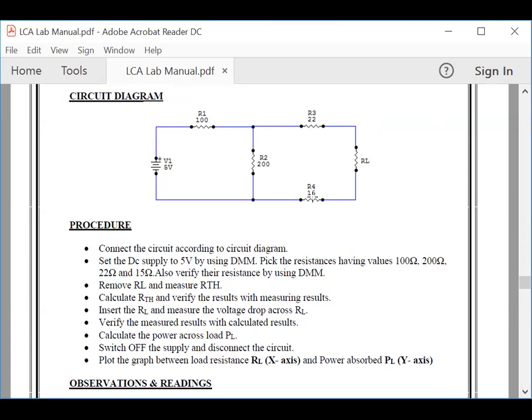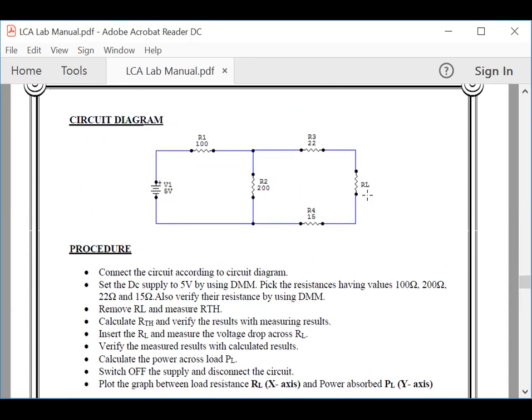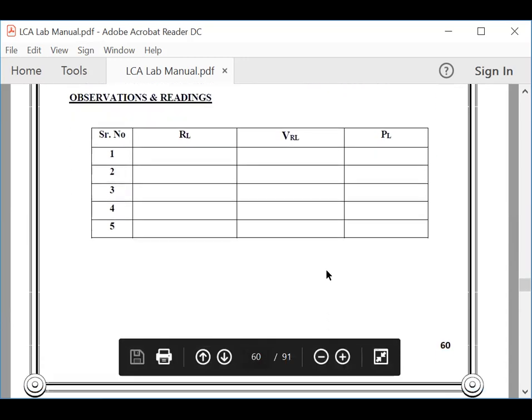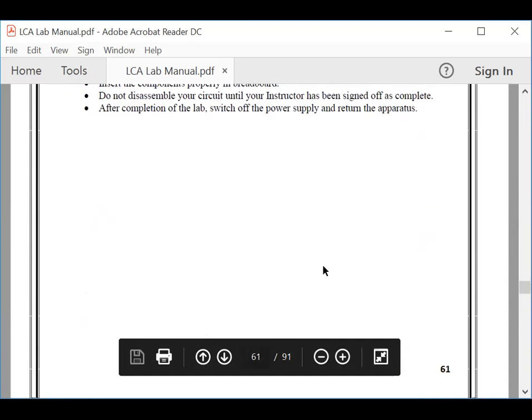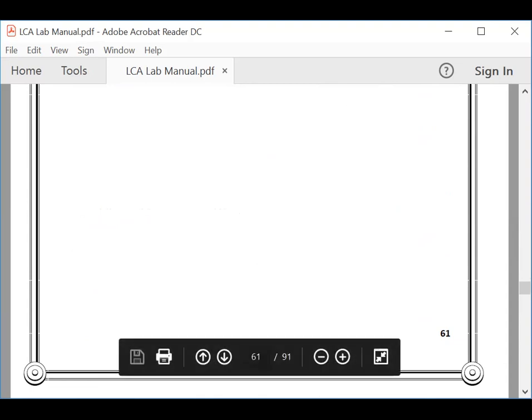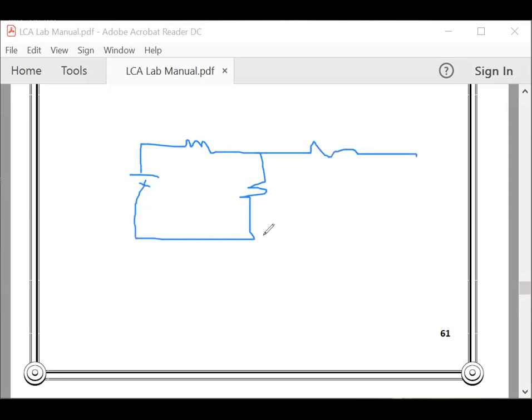And then we will calculate the RTH. What is the RTH? If we remove this load, so our circuit will be, for example, if we have a space, kindly remove, if we have a circuit like this, this is our battery 5 volt, this is our circuit resistance, and this one is resistance, so this is open circuit.